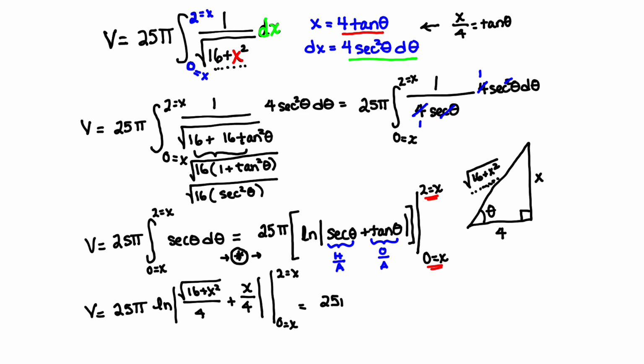That means our volume is 25 pi times the natural log of, and if we put 2 back in there, 2 squared is 4, so that's going to give us the square root of 20 over 4 plus 2 over 4, minus the natural log of the square root of 16 over 4 plus 0 over 4.